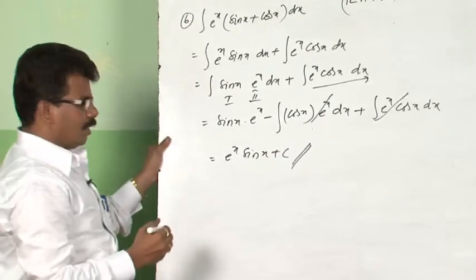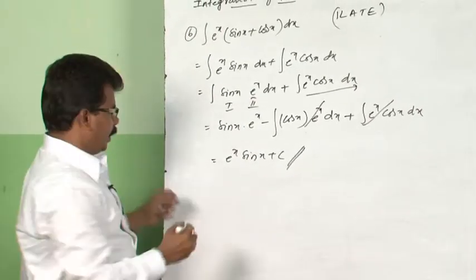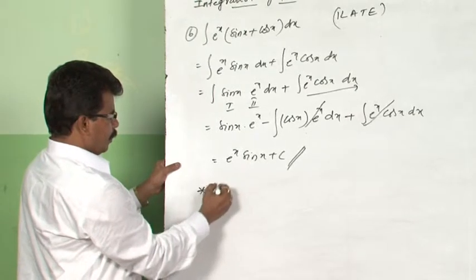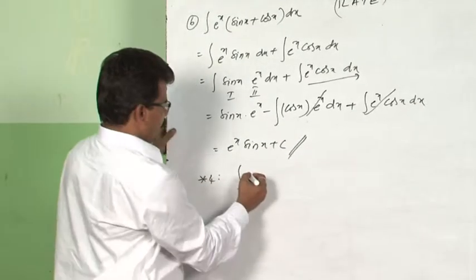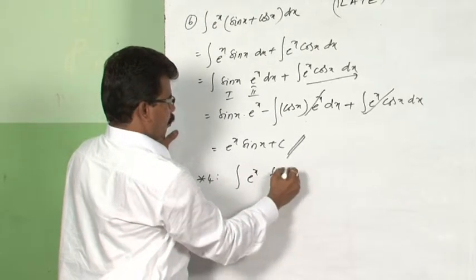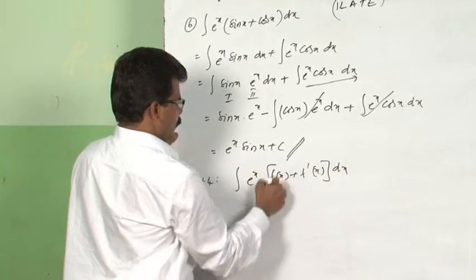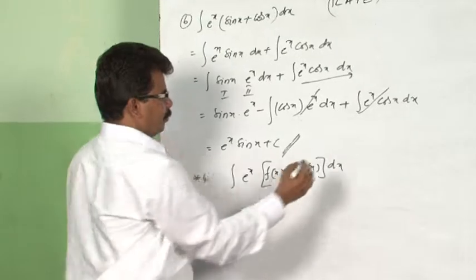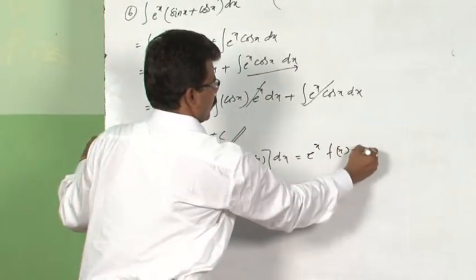In general, I have given some 3 star formulas. I would like to add one more, that is star 4. If the integrand is of the form integration e power x (f x plus f dash x) dx, then the integration of this type of function will be e power x f x plus c.